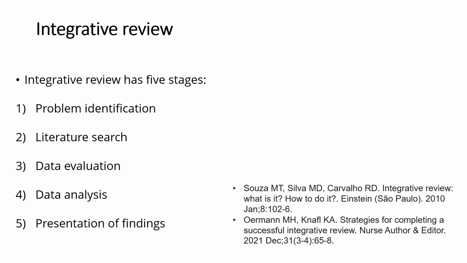Analysis typically entails multiple strategies, including simple counts or percentages of the number of studies using different designs, number of studies across different settings, number of studies having a small or large sample size, and number of original studies, reviews, and conference abstracts. So that is what we call characteristics of included articles.